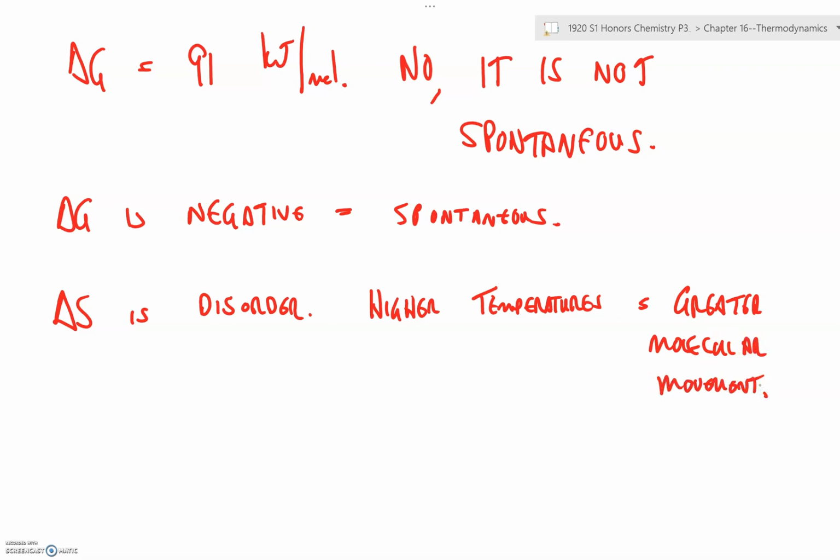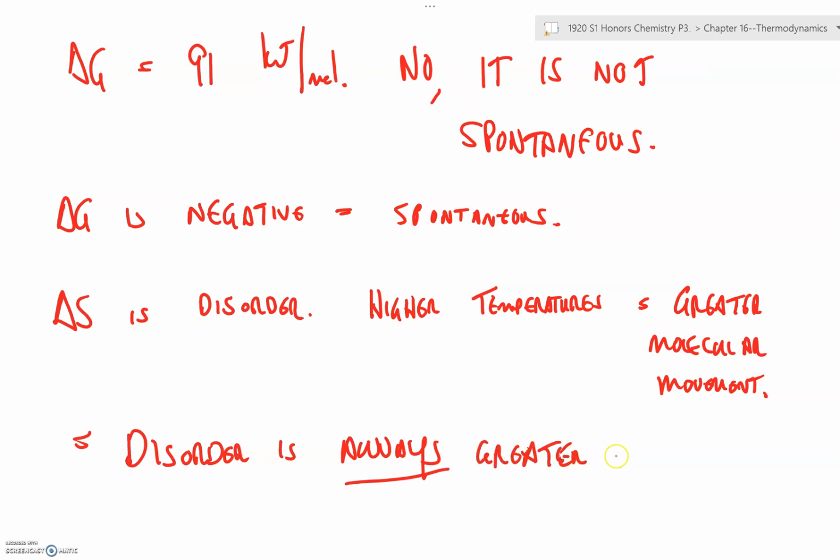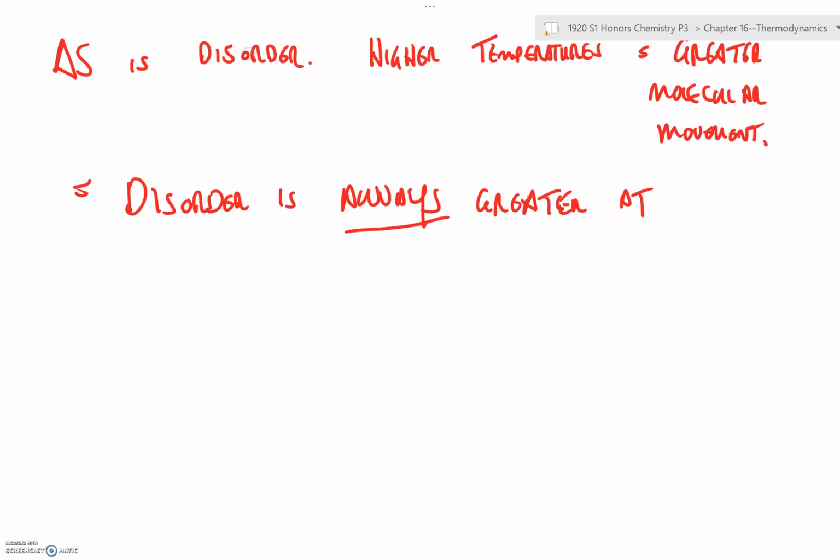So disorder is always greater at higher temperatures.